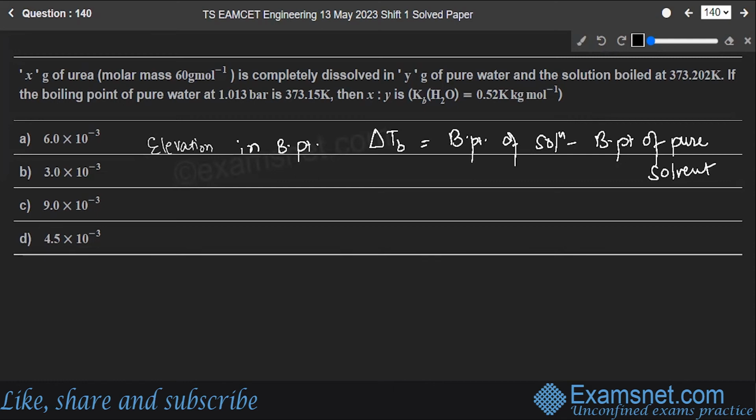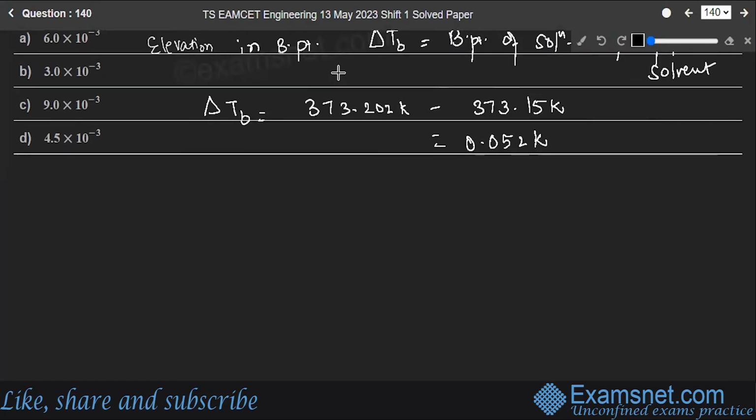So elevation, this is delta TB is equal to 373.202 K minus 373.15 K, or this is equal to 0.052 Kelvin.